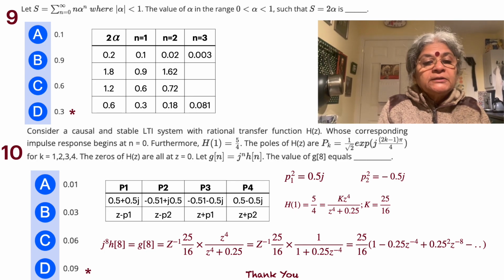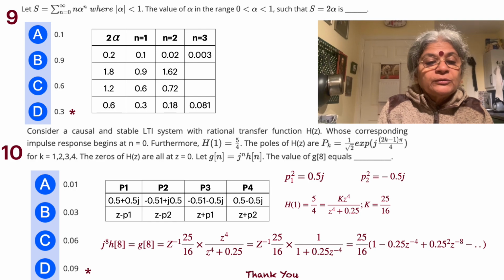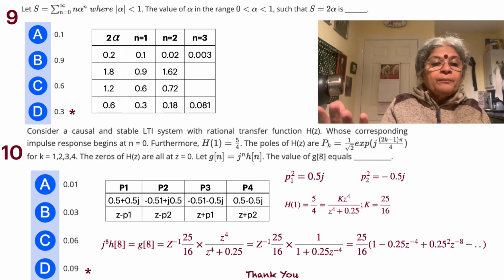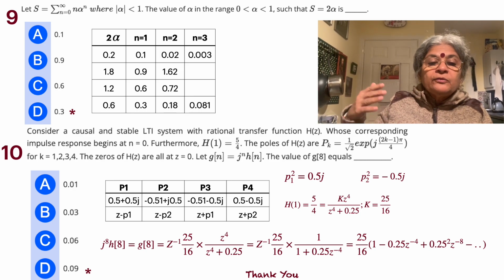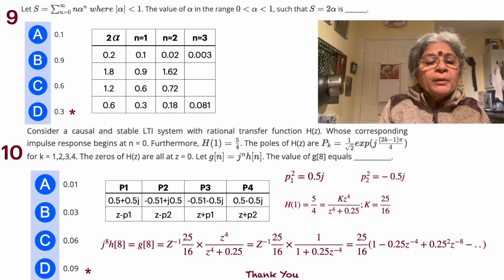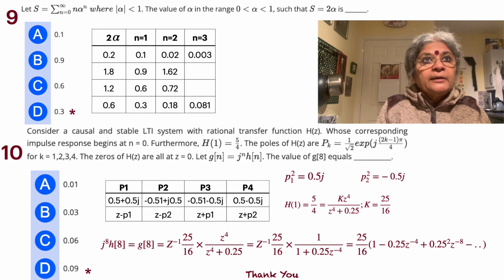That's also larger than 1.2, so you remove that as well. So first you remove alpha equal to 0.1, because it will not converge. Alpha equal to 0.9 and 0.6 are discarded, because with just 3 terms, of course n equal to 0 is also a term, you see that you are going beyond S equal to 2 alpha.